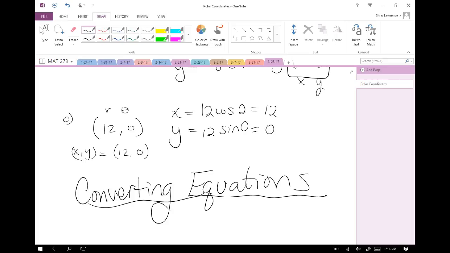The reason is because circles are not functions. We have x squared plus y squared equals radius squared. Those are not functions. We can't solve them for y. It would be y equals plus or minus square root of something, which is really nasty, and we'd have to separate it and write it as two separate functions and work them out separately.